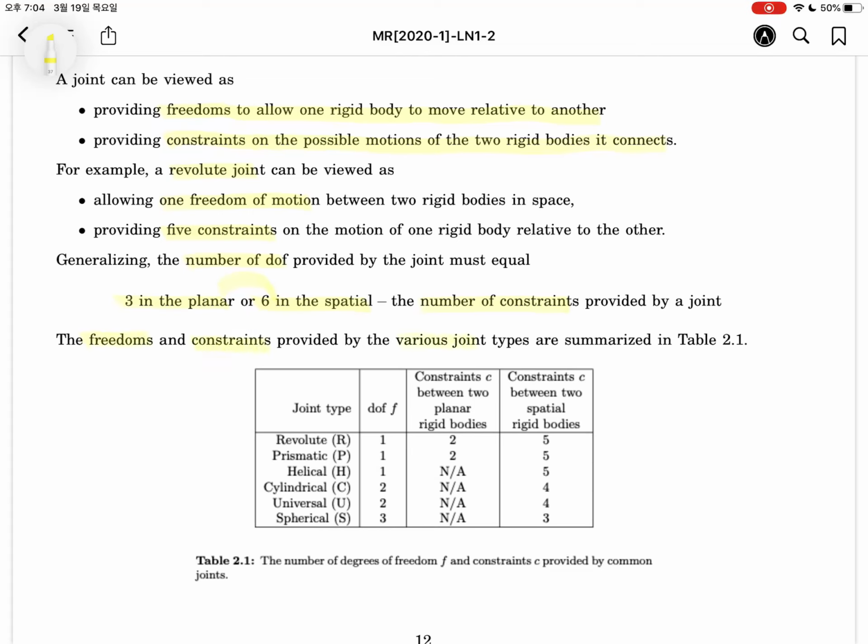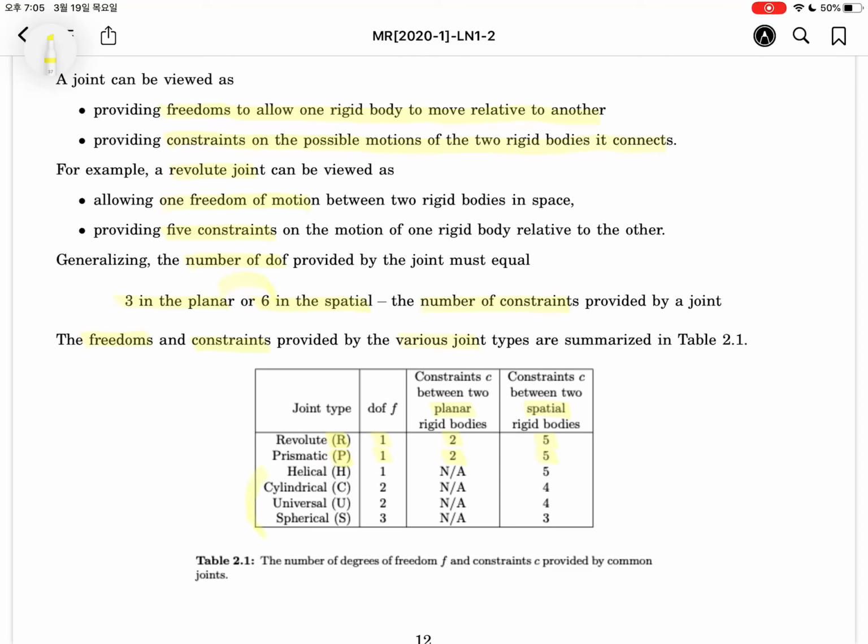The freedom and the constraints provided by various joints are listed like this. The revolute joint and the prismatic joint can be used for the planar and the spatial case. They have 1 degree of freedom, but in the planar case they have 2 constraints, and in the spatial case they provide 5 constraints.